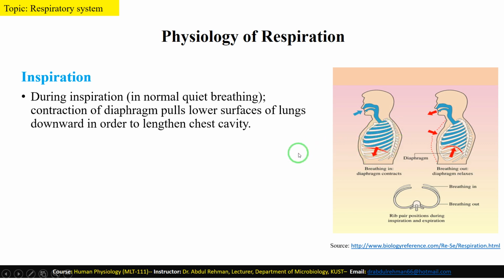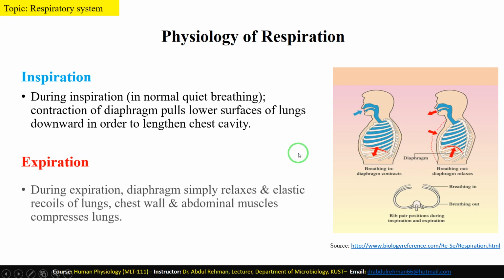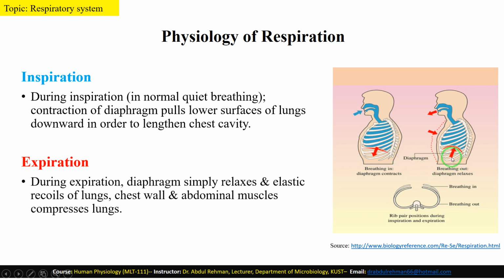While during expiration, the diaphragm simply relaxes, the lung recoils, and the chest walls and abdominal muscles compress the lung. As a result, the trapped air is expelled from the body. So this is the main physiology of the respiratory system.